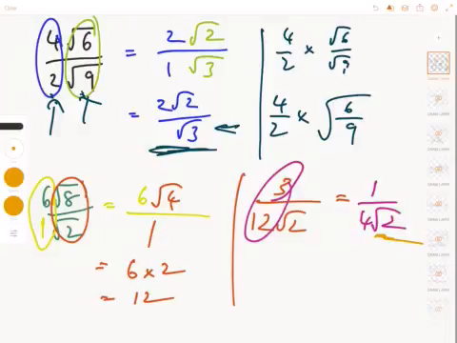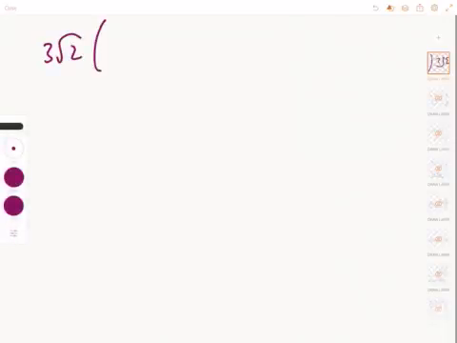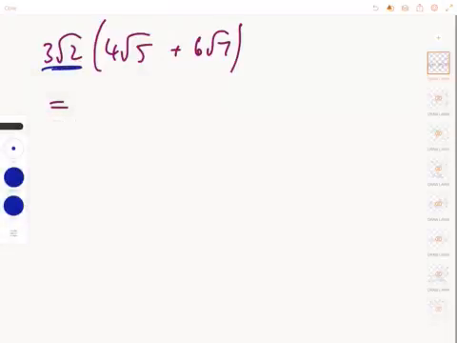One other application of this, which we'll talk a bit more about in our next lesson, is expanding. So if you're expanding something like 3 root 2 multiplied by 4 root 5 plus 6 root 7, you can expand this the normal way, taking what's out the front multiplied by this, and then multiplied by that at the back as well.